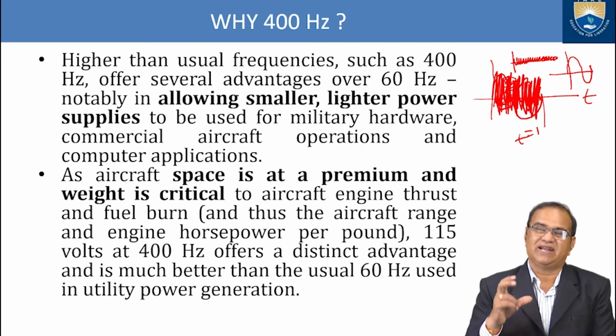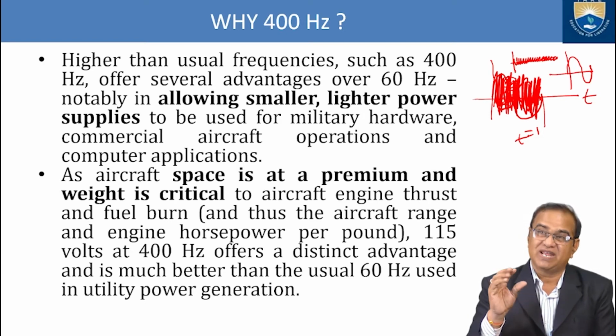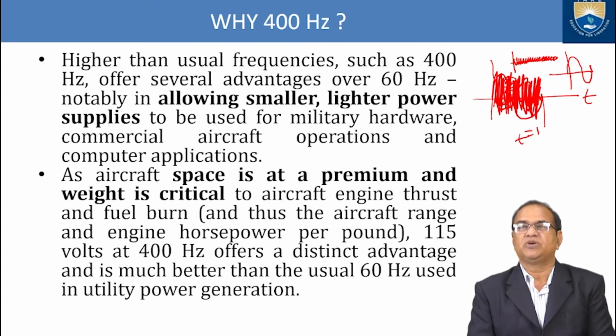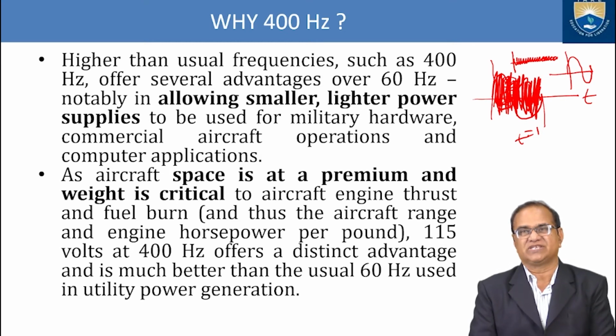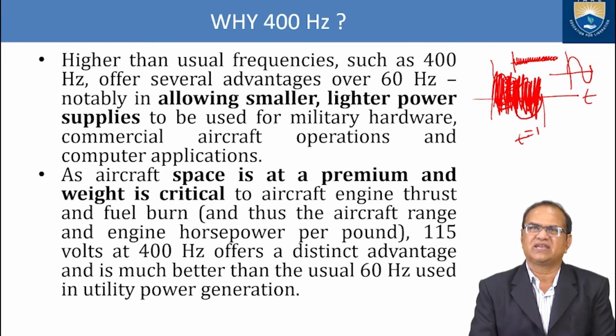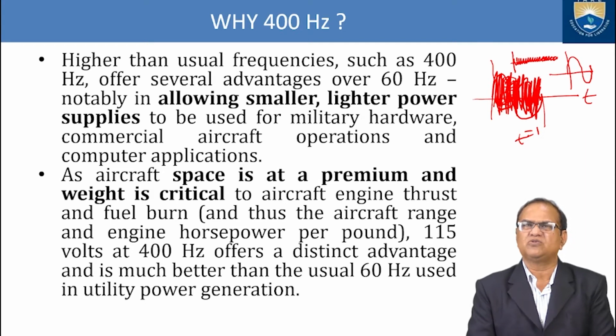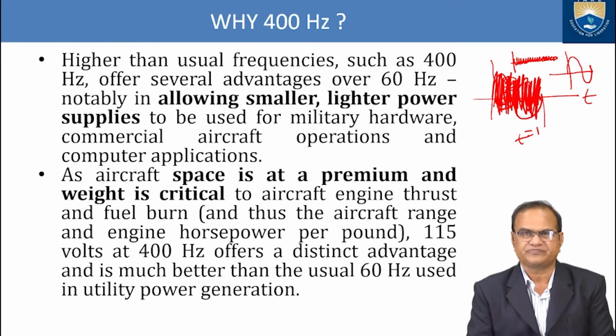The wiring and other things will be very light in weight. We use 400 hertz, it gives very little fluctuation, so a very small amount of wire can be used for this operation.